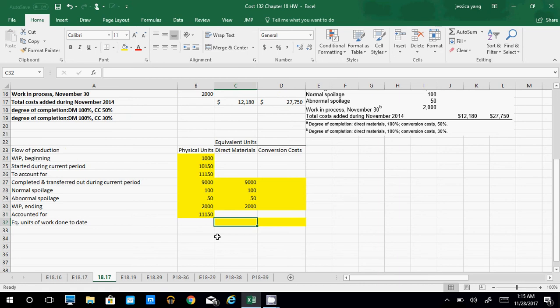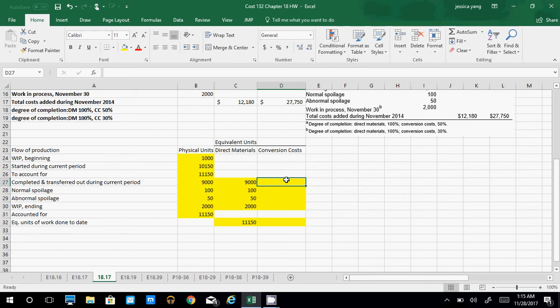To find equivalent units of work done to date, I would sum up completed and transferred out during the current period 9,000 equivalent units, plus normal spoilage of 100 equivalent units, plus abnormal spoilage of 50 equivalent units, plus work in process ending of 2,000 equivalent units, to get a total equivalent units of work done to date of 11,150 units.